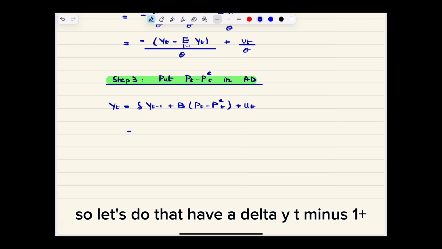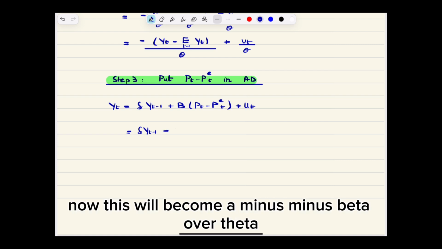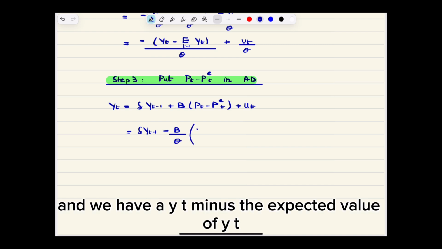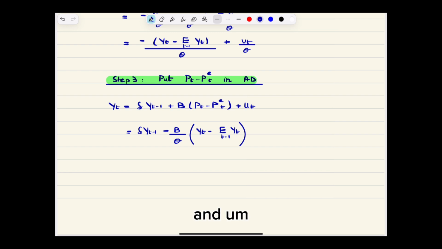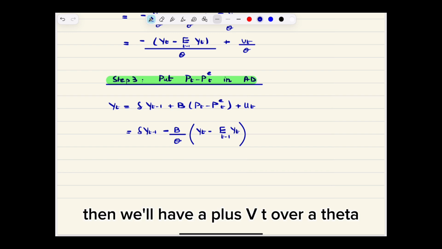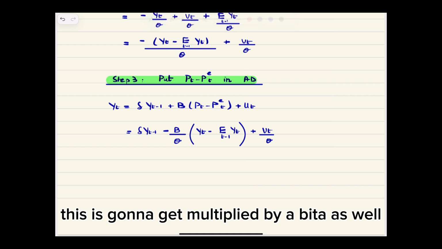So let's do that. I have a delta y_{t-1} plus, actually now this will become a minus beta over theta, and we have a y_t minus the expected value of y_t in the previous time period, and then we'll have a plus v_t over theta, and this is going to get multiplied by a beta as well.